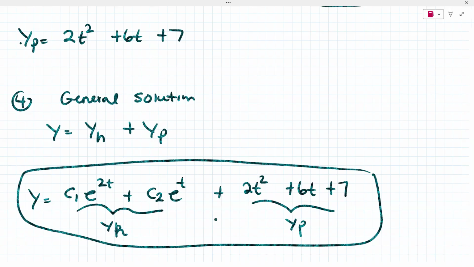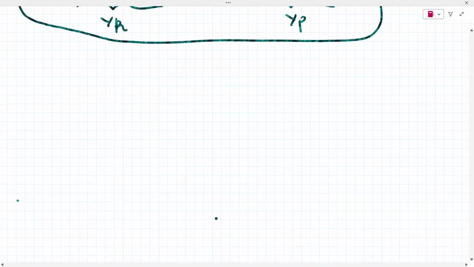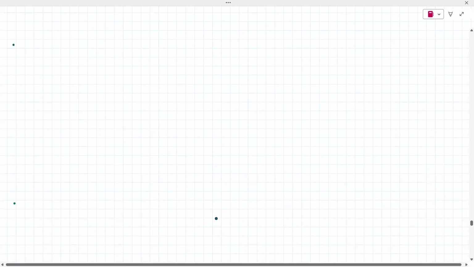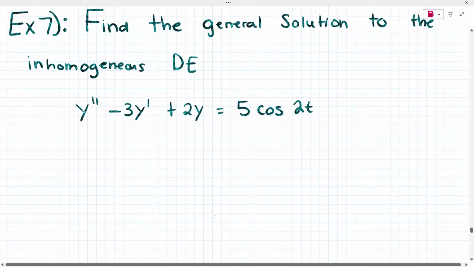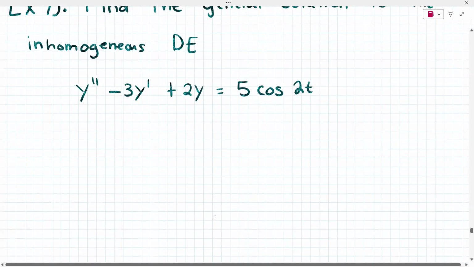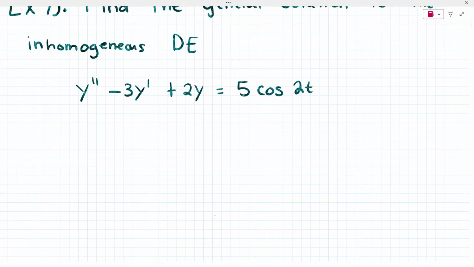Okay, let's do one last example. Example 7 says, find the general solution to the inhomogeneous differential equation. We have y double prime minus 3y prime plus 2y equals 5 cosine 2t. So step 1, find your yh. So yh is c1e to the 2t plus c2e to the t.